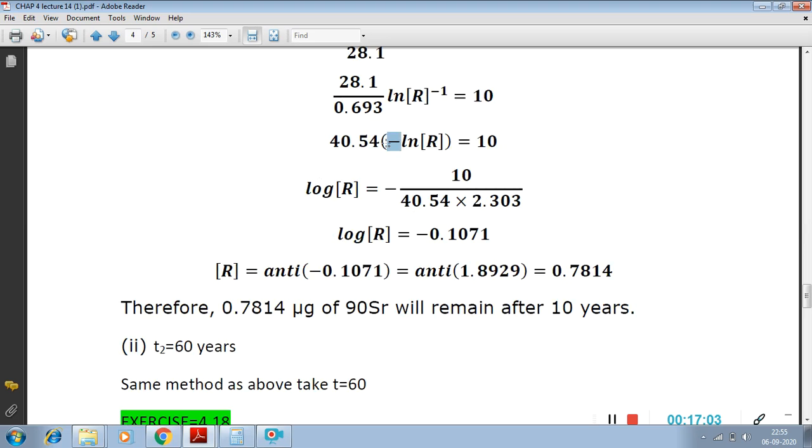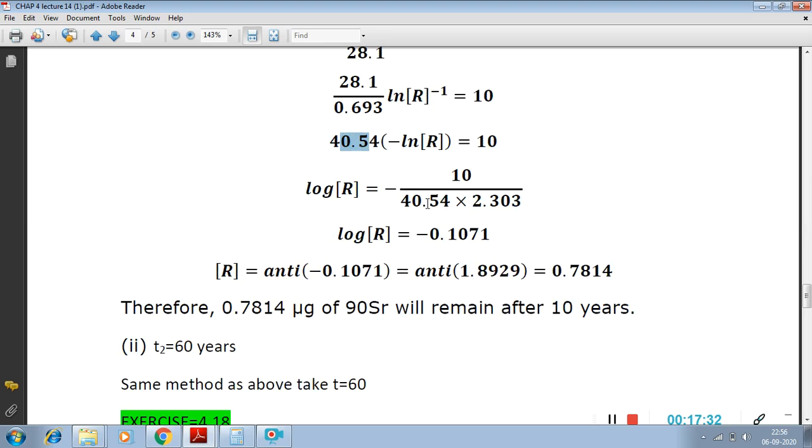Now convert this ln into log. So in multiplication 2.303 will come. Now I am changing the side, so on the other side it will be in division. The minus sign is also changing its side, and this value 40.54 will come in division also.